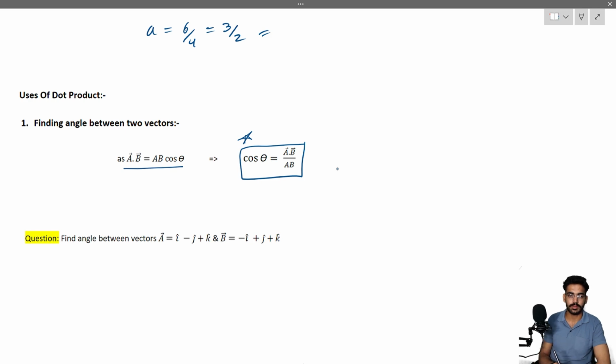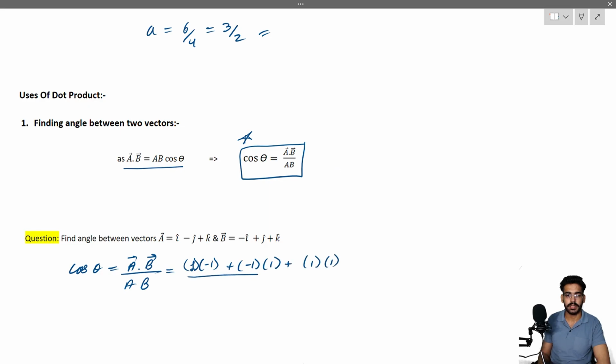So we will use the dot product only. cos theta equals a vector dot b vector divided by ab, right? So A dot B, if you find out, is 1 into minus 1, plus minus 1 into 1, plus 1 into 1, divided by the magnitudes, root 3 and root 3.